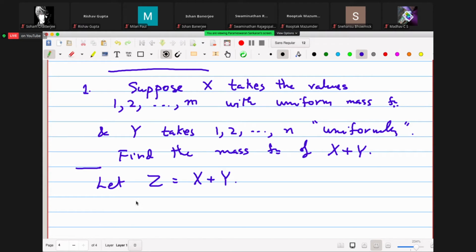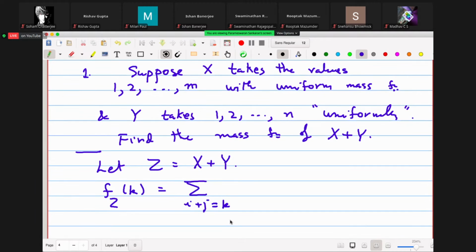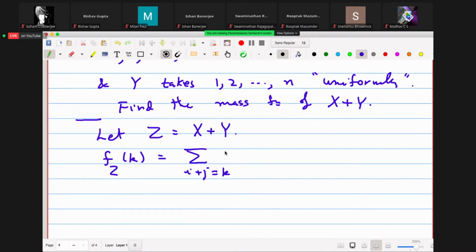So you fix k. You want to compute f_Z(k), which is the sum over i plus j equals k of the probability that X equals i, Y equals j. And of course, i ranges over its allowed values, but constrained to this.